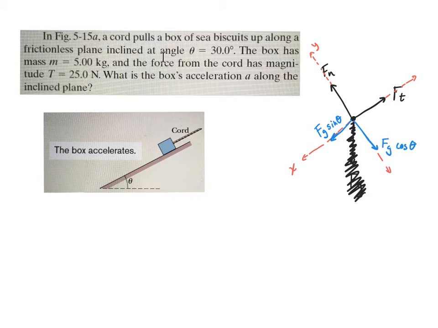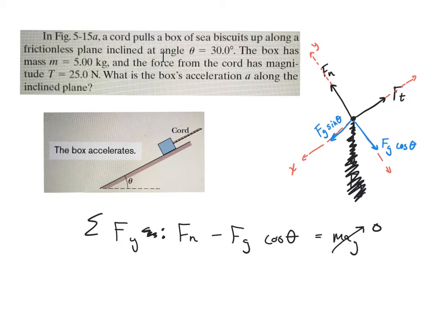Now, with that said, this becomes an easy problem. We simply look at the x and the y direction. Sum of the forces in the y direction tells me Fn minus Fg cosine theta equals may, and that goes to 0.